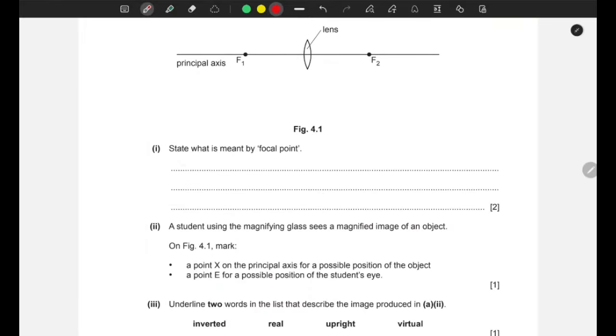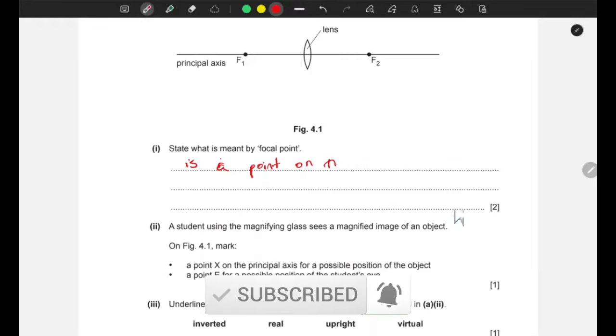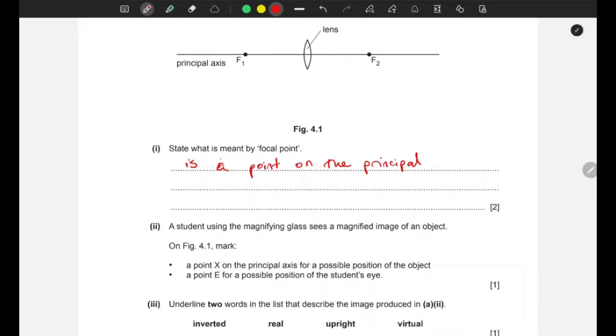Okay, so the focal point is a point on the principal axis where the rays of light meet.